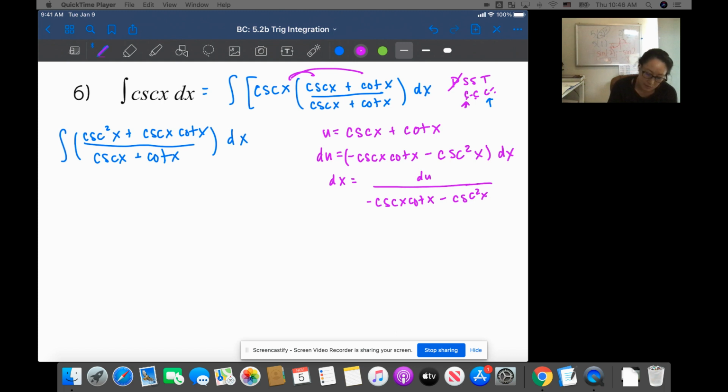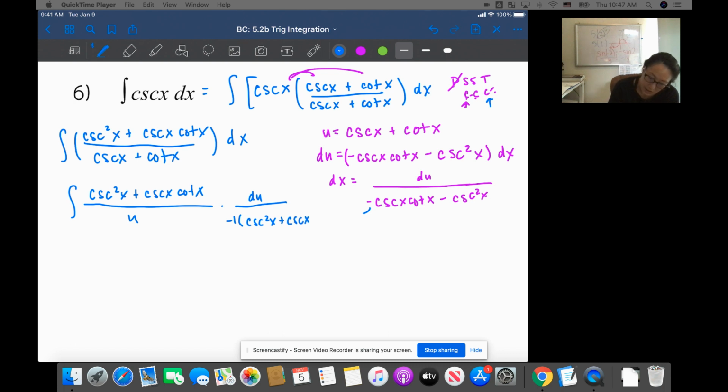And that's it. Okay, substitutions. I have cosecant squared x plus cosecant x cotangent x, all over u, times du over, and I'm going to take out this negative 1. So negative 1 times cosecant squared x plus cosecant x cotangent x.